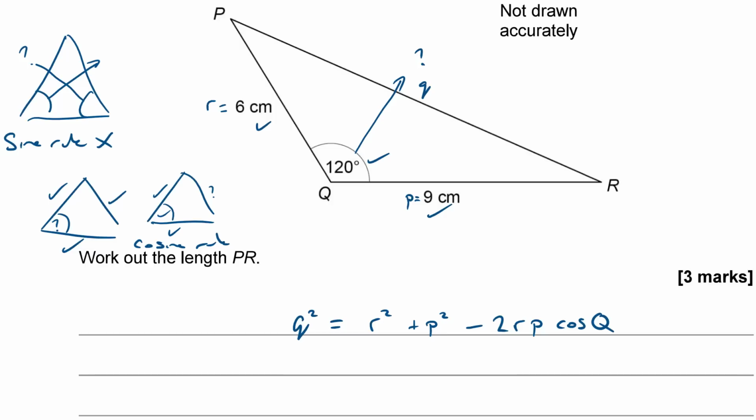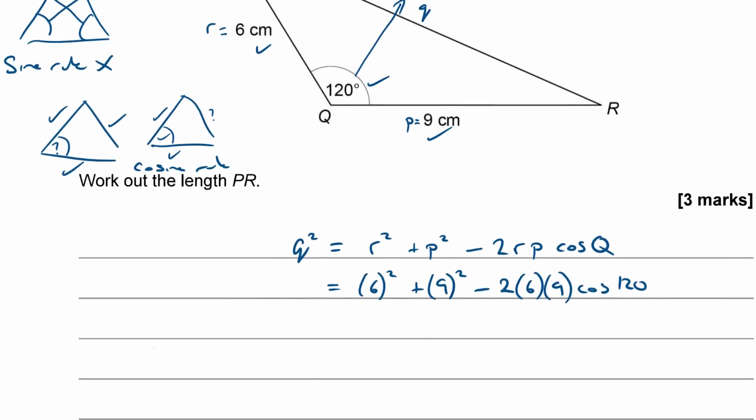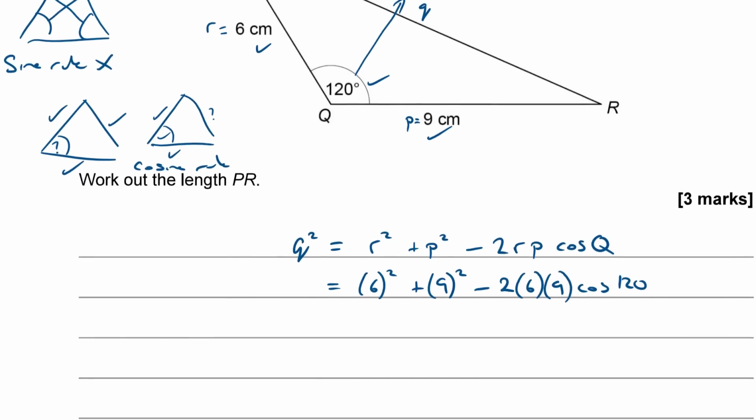Okay, so now I've got that written down in terms of triangle PQR. I can sub in the bits that I know. So R squared is 6 squared, P squared is 9 squared, minus 2 times 6 times 9 times the cosine of 120. Now you can reach for a calculator already.